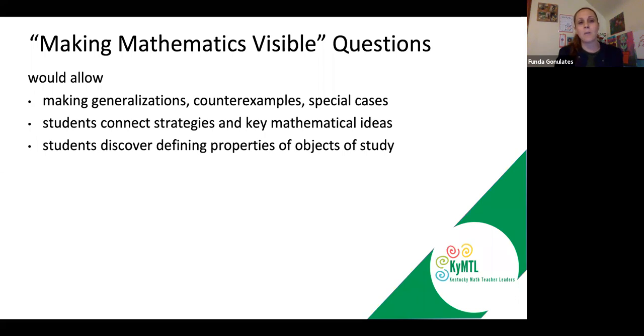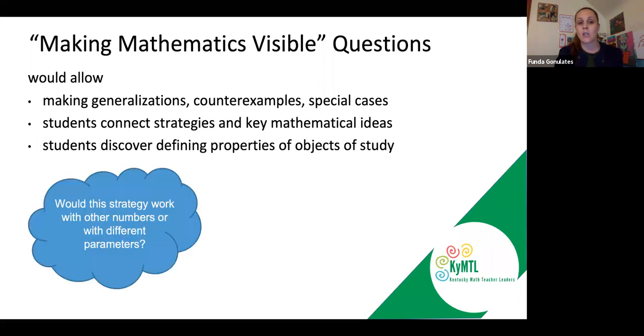An example of a making mathematics visible question can be, will this strategy work with other numbers or with different parameters? With this question, we are asking kids to think about the boundaries of a particular strategy they are using and whether they can make a generalization or they need to limit this strategy for particular numbers.